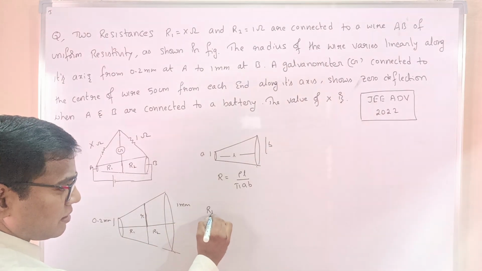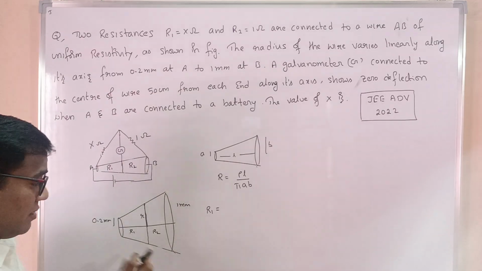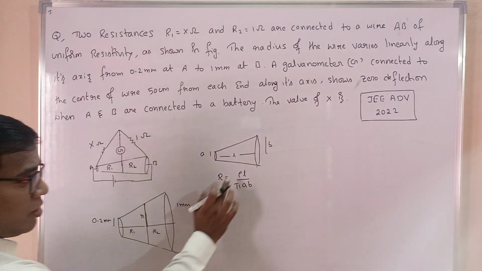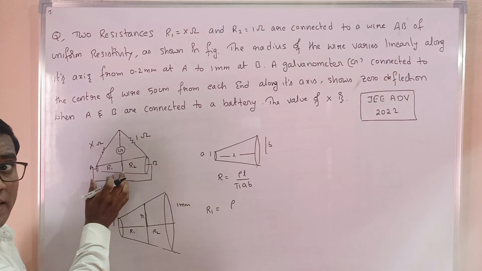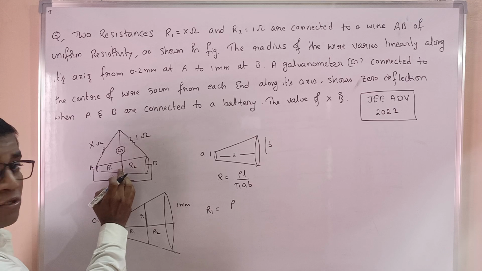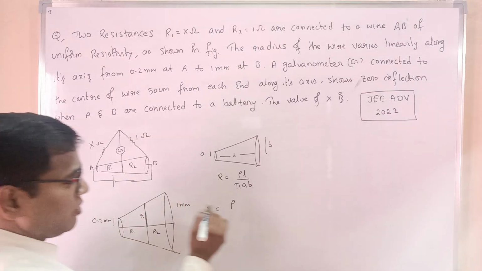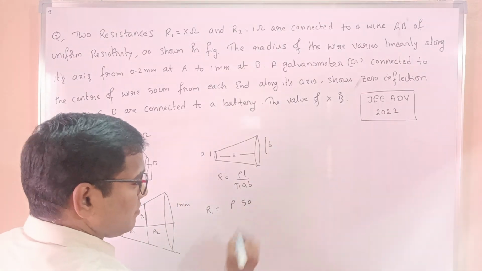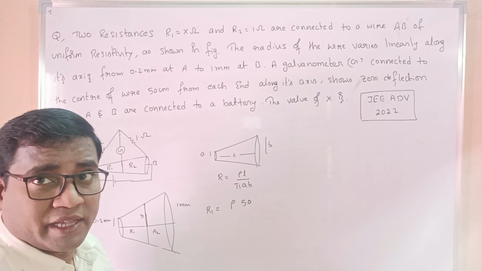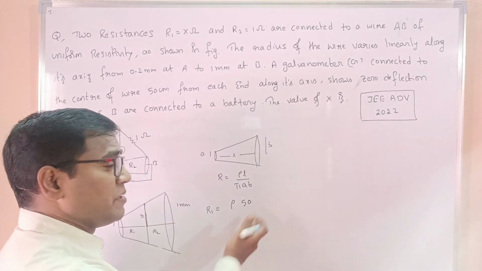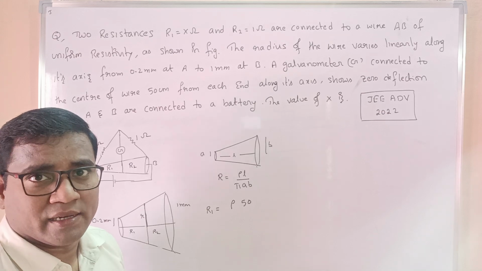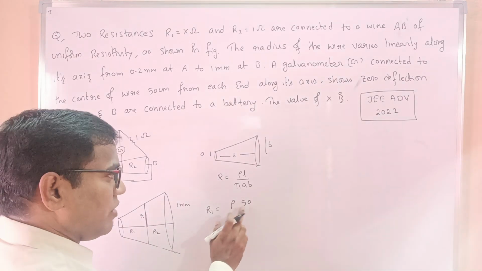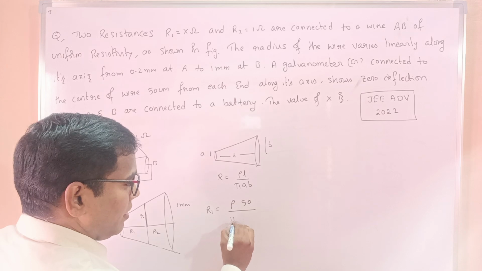R1 can be written as rho L by pi A B. The length is exactly half, 50 centimeters, because the galvanometer is at the center. Since we are going to calculate a ratio, whether it is centimeters or meters does not matter, as it will cancel. So we write 50 upon pi.